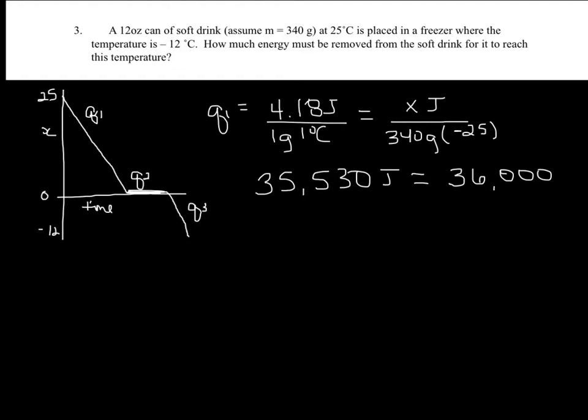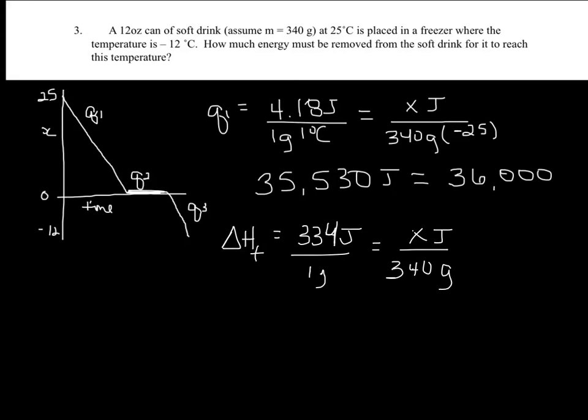Okay, so looking over at the next part of the graph, I have this plateau here, which is a phase change. And if you look on your worksheet, you should see that the heat of fusion for ice is 334 joules for every 1 gram. So I need to figure out how many joules I'm going to remove if I have 340 grams. So I'm going to cross multiply again, 334 times 340.